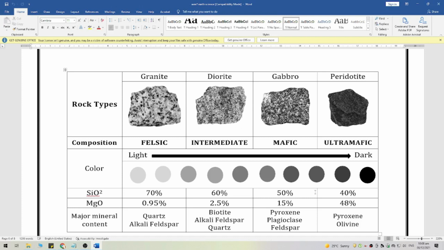So moving forward then, I hope you were able to catch some idea on this detailed table.